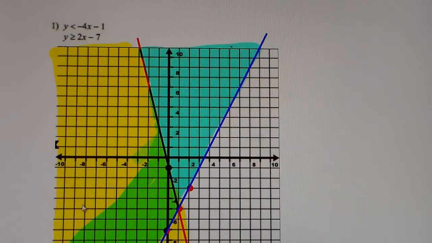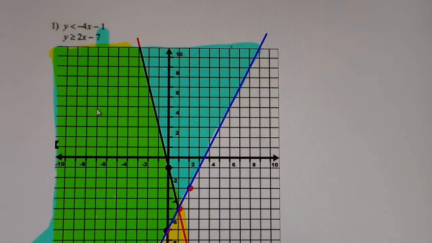That blue line. What we see in green, because blue and yellow mixed makes green, all the green area is the solution to the system, meaning that it's a correct answer for the top equation and it's a correct answer to the bottom equation.